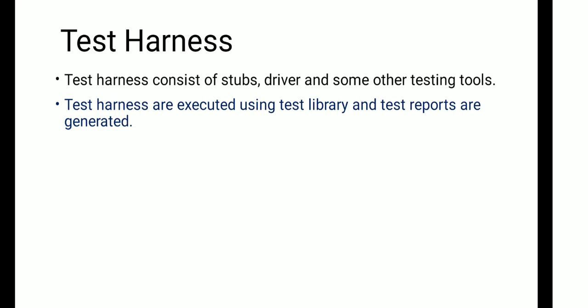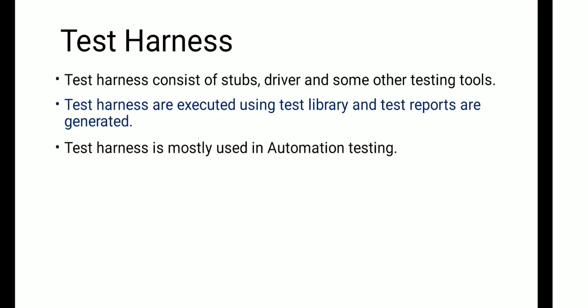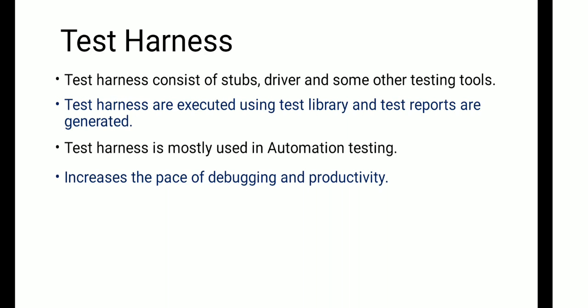What is test harness? It consists of stub, driver, and some other tools. Test harness are executed using test library and test reports are generated. Test harness is mostly used in automation testing. It increases the pace of debugging and productivity.